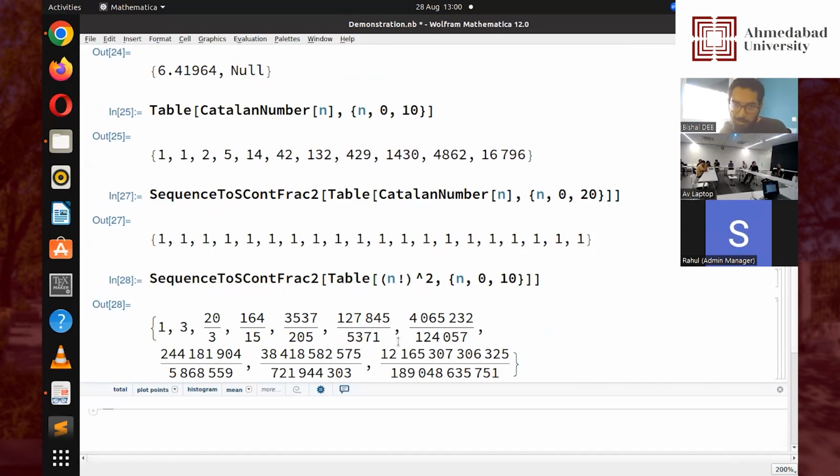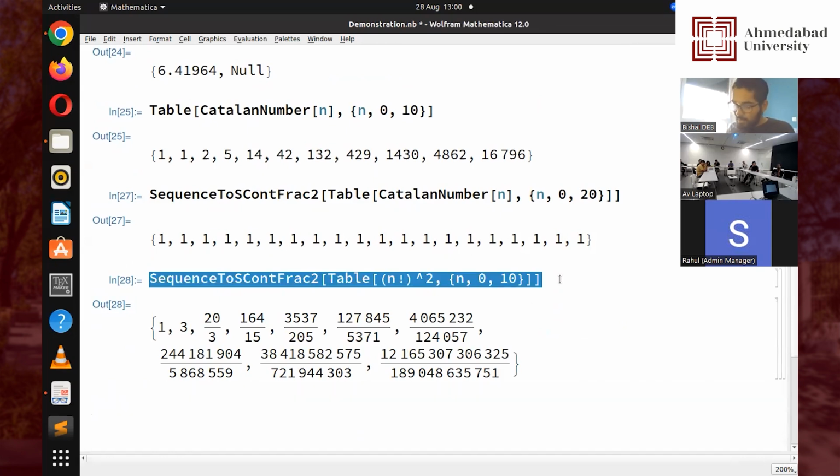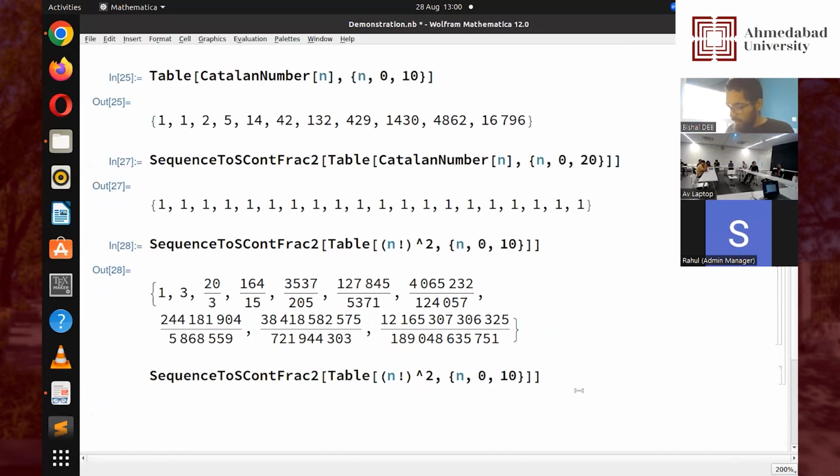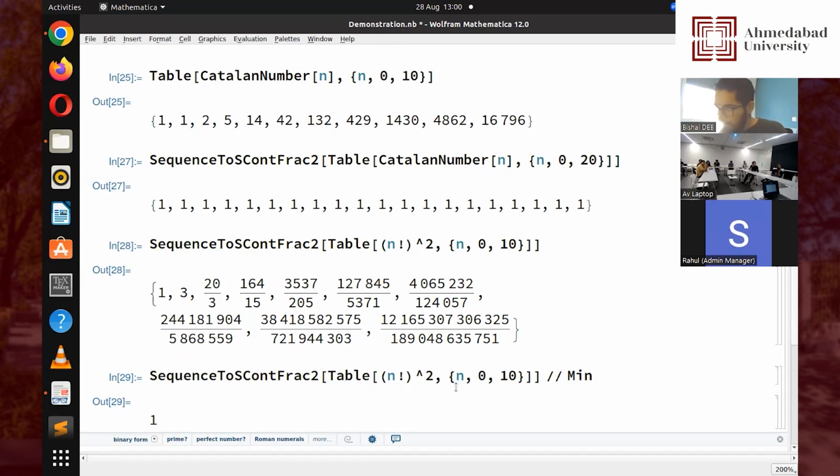Maybe one of you could, but all we care about is, let me take the min of this. The minimum here is 1, so everything here is at least 1. All we want is everything to be at least 0. So far we guess that this sequence is Hankel totally positive. Let me do 100. It's still 1.